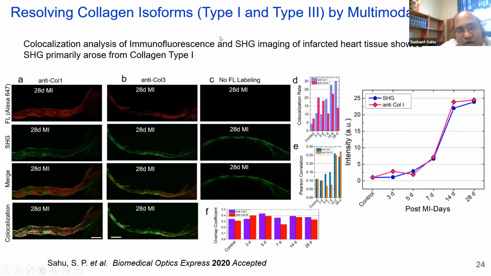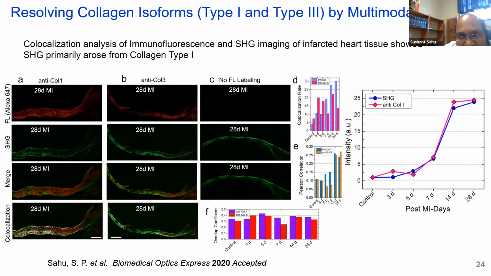And as I mentioned, we not only wanted to detect collagen, but also resolve these collagen isoforms or collagen types. So for this, we designed an experiment where we use antibody-labeled dyes. For example, there are collagen 1 antibodies that will specifically bind to the collagen type 1 protein, and collagen type 3 antibodies that will bind to the collagen type 3 proteins.